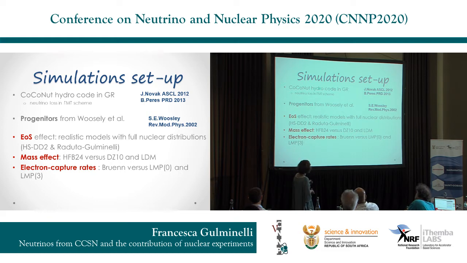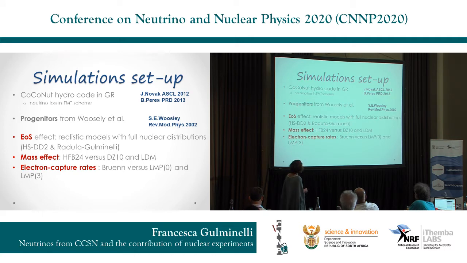What we have done is that we are using a hydrodynamic code, which is the CoCoNuT code that was developed by the Meudon group in France. This is a one-dimensional code, spherical symmetry, but it has a very complete and sophisticated treatment with the full multi-group transport scheme for the neutrino dynamics. And therefore, it is adapted for this kind of applications.